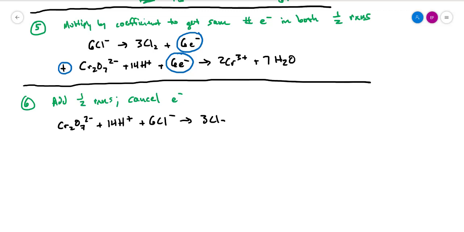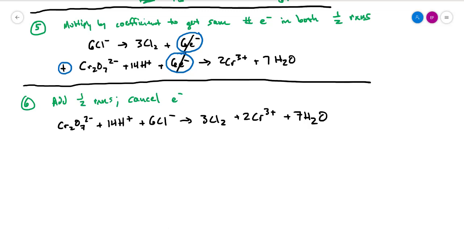That's going to yield 3 of these chlorine gases plus 2 chromium 3 pluses plus 7 H2O molecules. The electrons would cancel because they're on both sides of the reaction. And this will be our final balanced redox reaction, but we can do some checks to make sure that we did everything correctly.